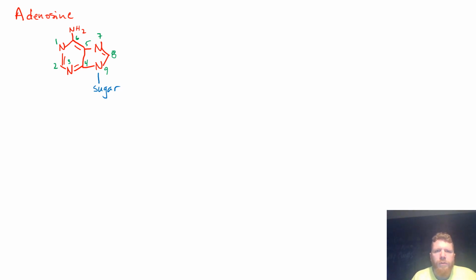Now I'm going to draw our other purine, guanine. The same overall structure. There are some differences though. In this case, I'm going to start with my 6-membered ring. So N, N, and there we go. We've got a double bonded oxygen right there.